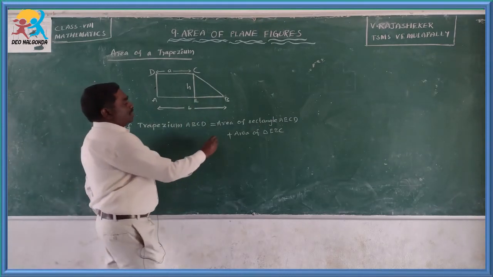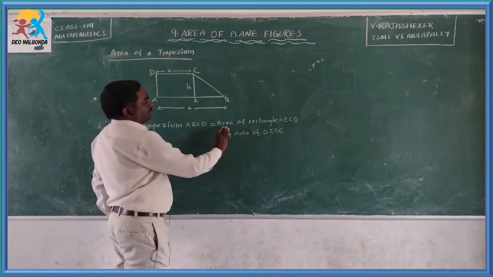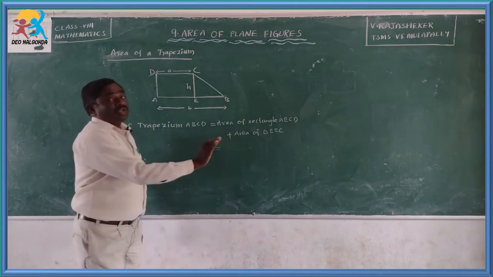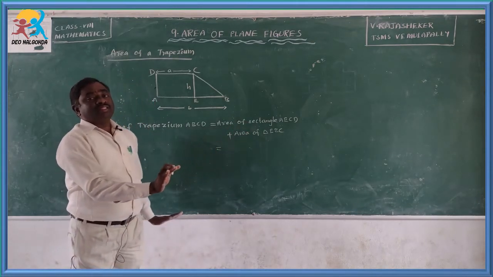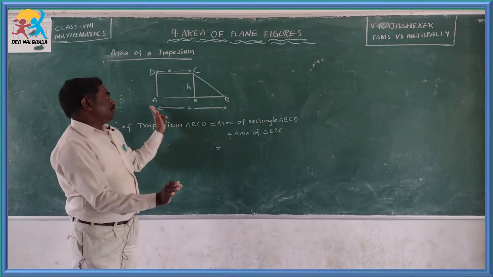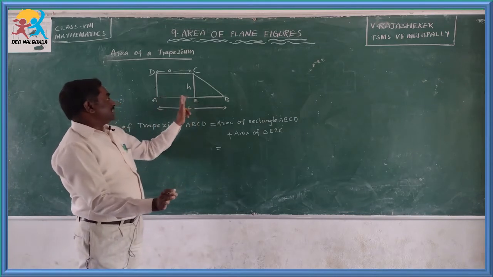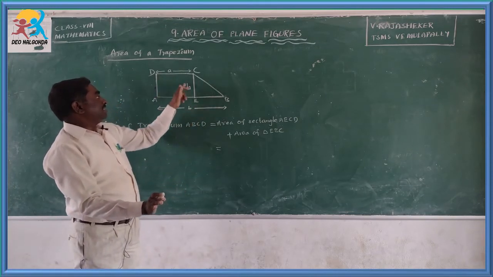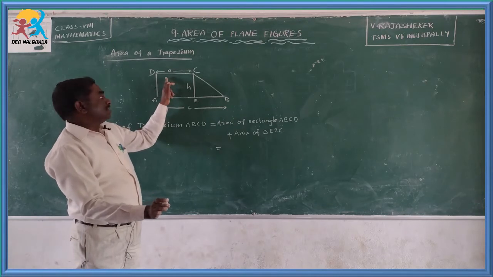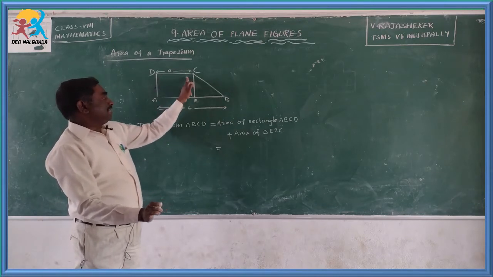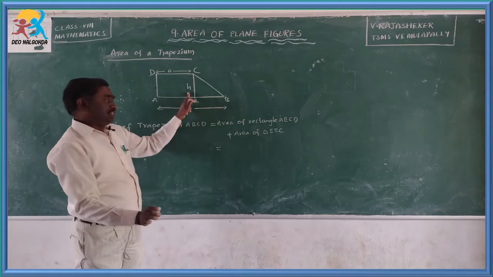Clear? Now let us see. Area of rectangle, we know the formula already, no? Length into breadth. Where is the rectangle? This one, AECD, is a rectangle. So length a into breadth h.